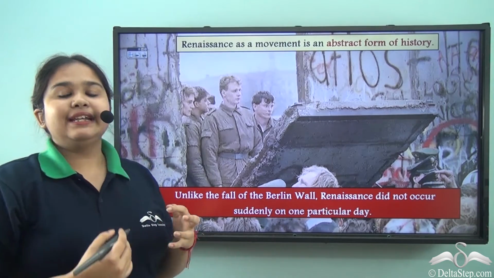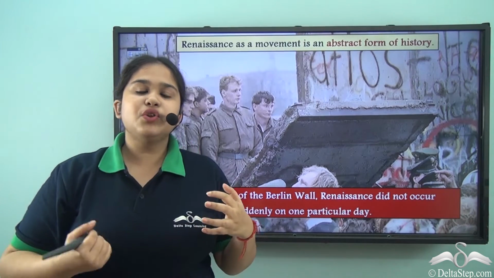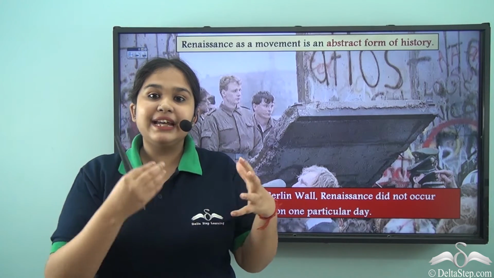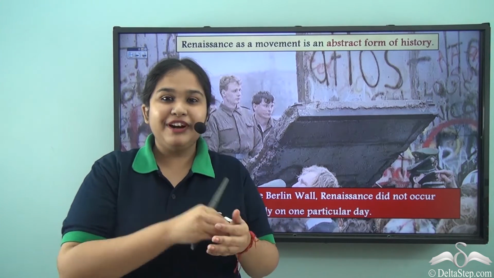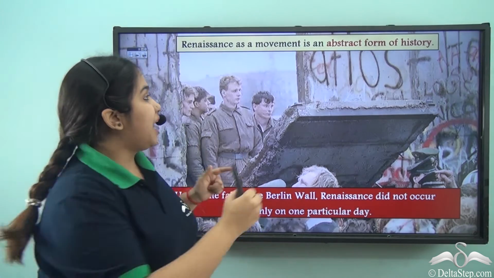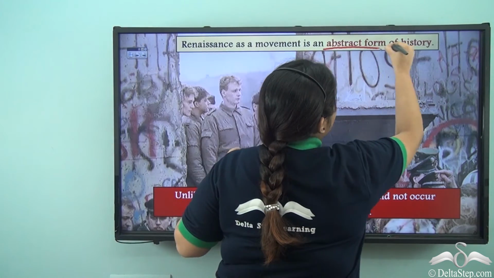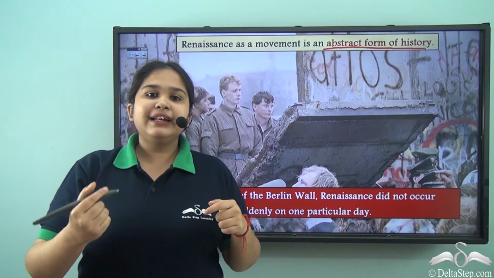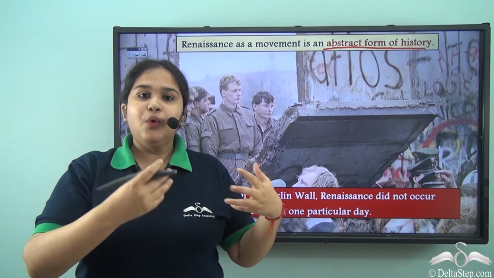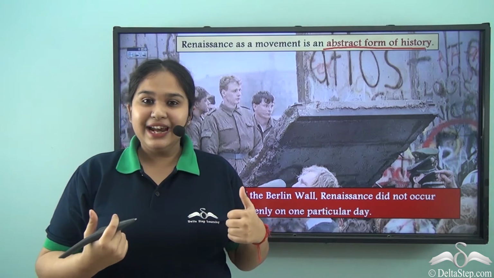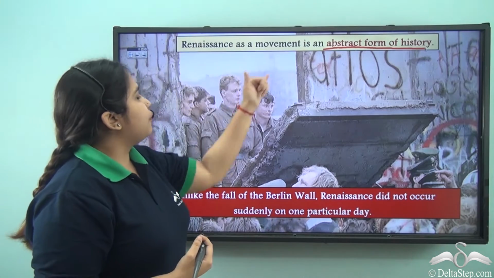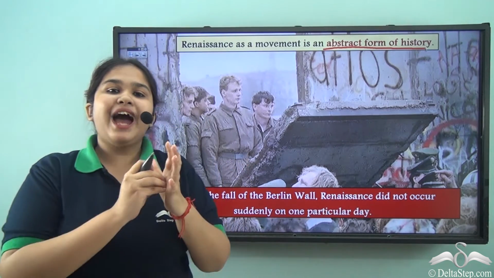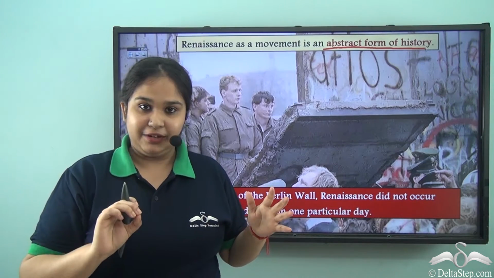Thus, we can say that Renaissance is not exactly something that happens and we can recognize it by that particular happening, right? So that becomes the abstract form of history. Why so? Because it is not like we can say that, oh, let's come out, Renaissance is here, right? So, ideally, therefore, this period becomes a form which cannot be identified by a specific factor, okay?